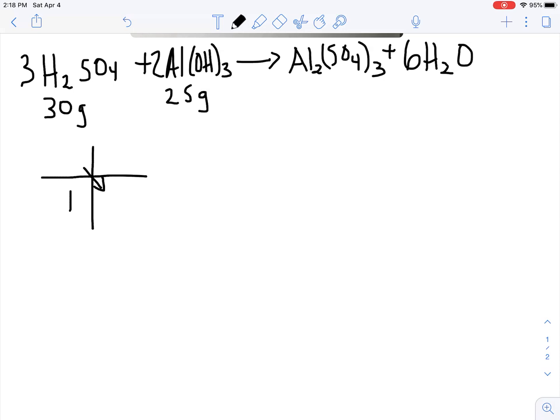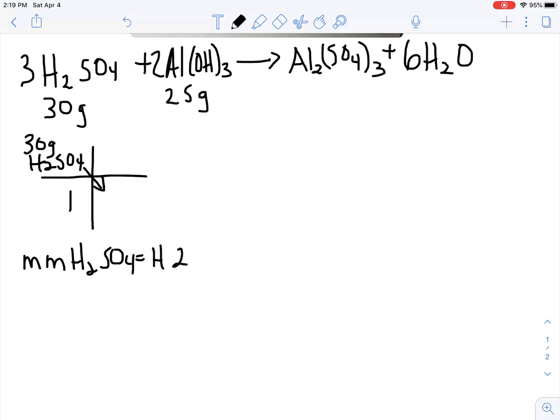I'm going to start here with my given information, 30 grams of H2SO4. In order to do that, I need the molar mass of H2SO4. And that's an O, not a 6. So I'm going to make my list.